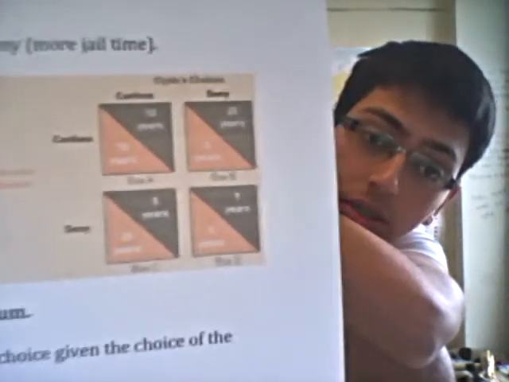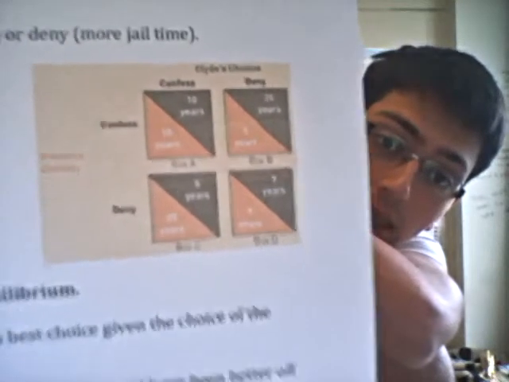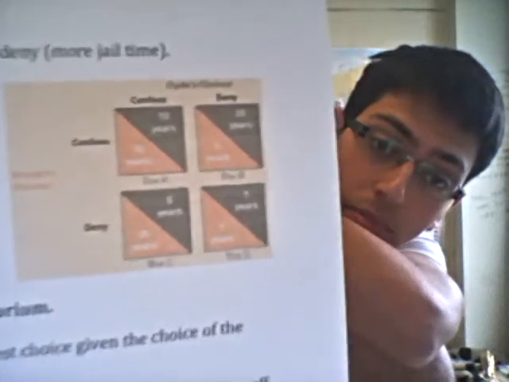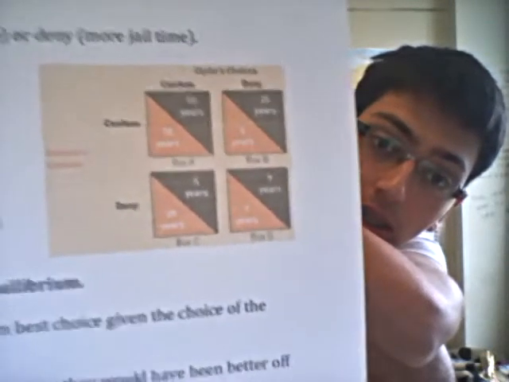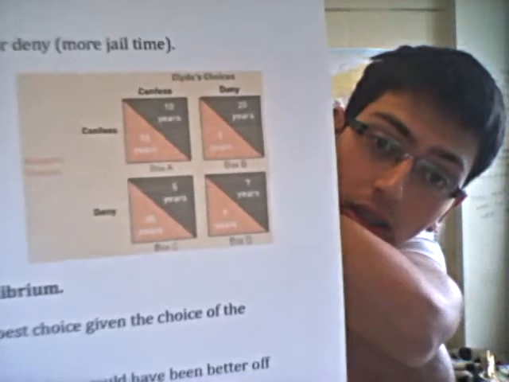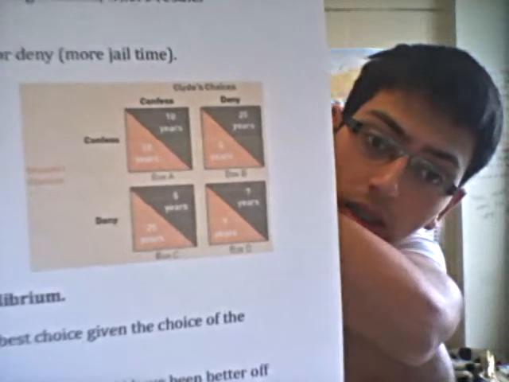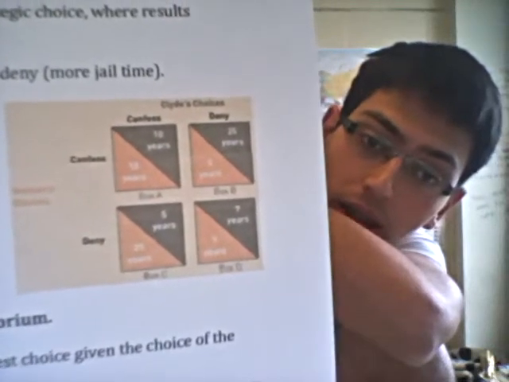Otherwise, he'll get 25 years if he denies. And if Clyde denies, then Bonnie's best choice is to confess, because then he'll get 5 years instead of 7, and vice versa. So it's set up in a way that the safest option is if you just confess.